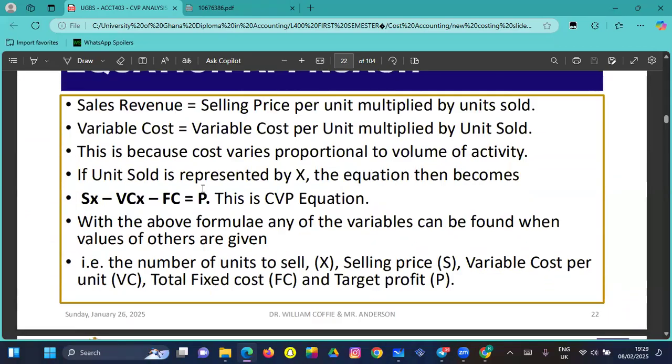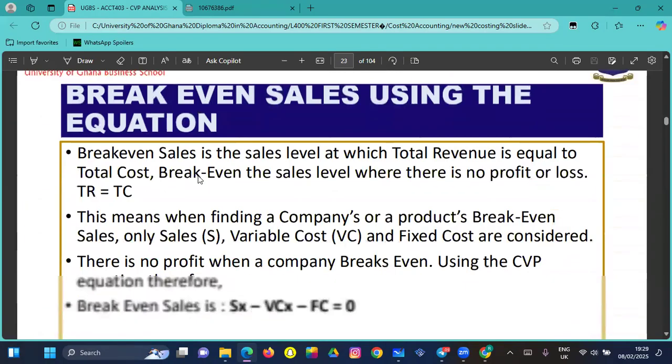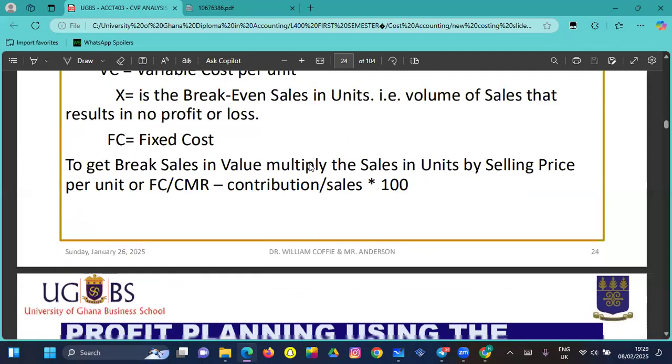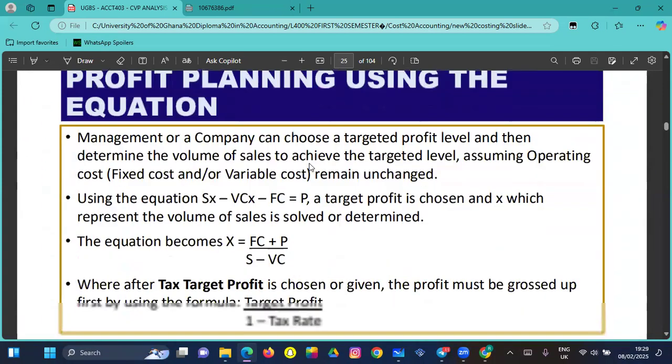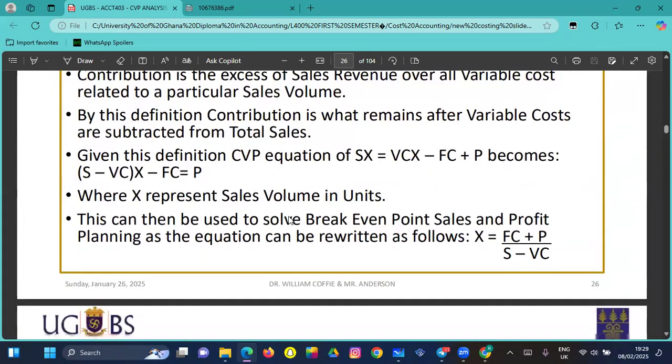Again, same thing. So at the break-even point, profit is zero. We'll solve more questions. This is the proof of the formula.